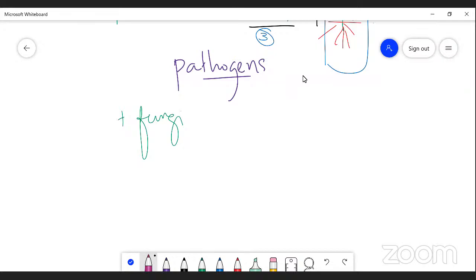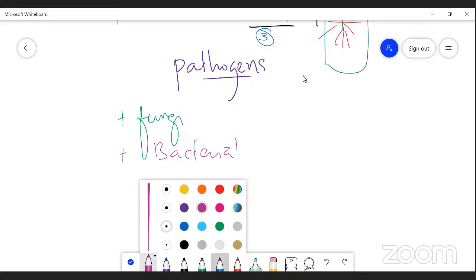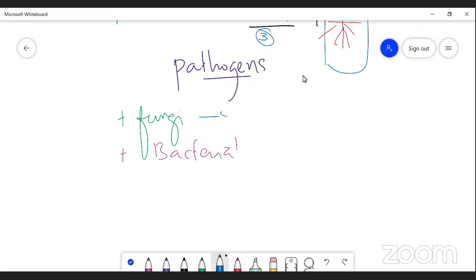And one more pathogen is bacteria. There are so many diseases in plants which are caused by bacteria. Xanthomonas citri causes citrus canker disease. Cercospora personata is a fungal disease agent. I'd like to touch on every disease.